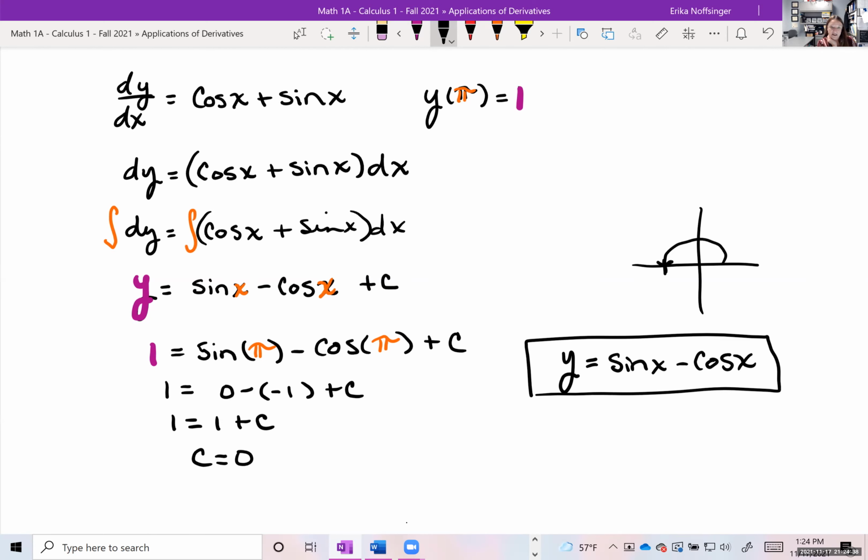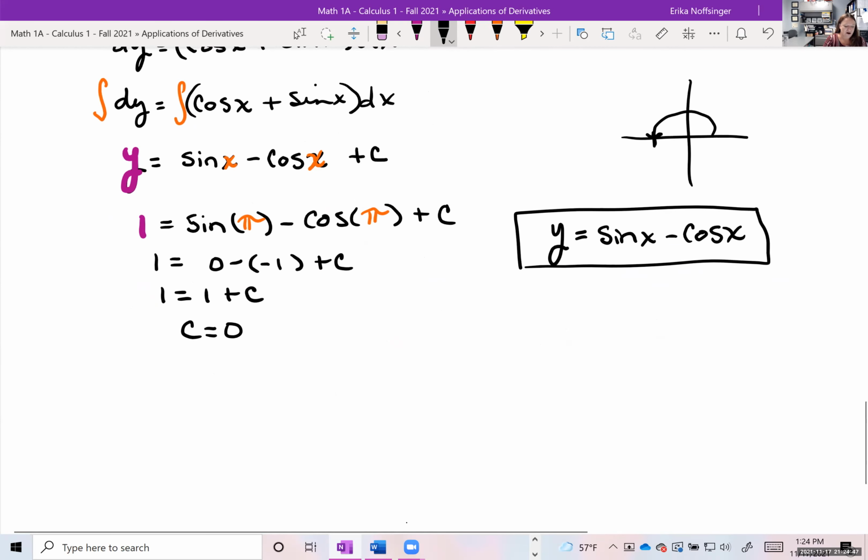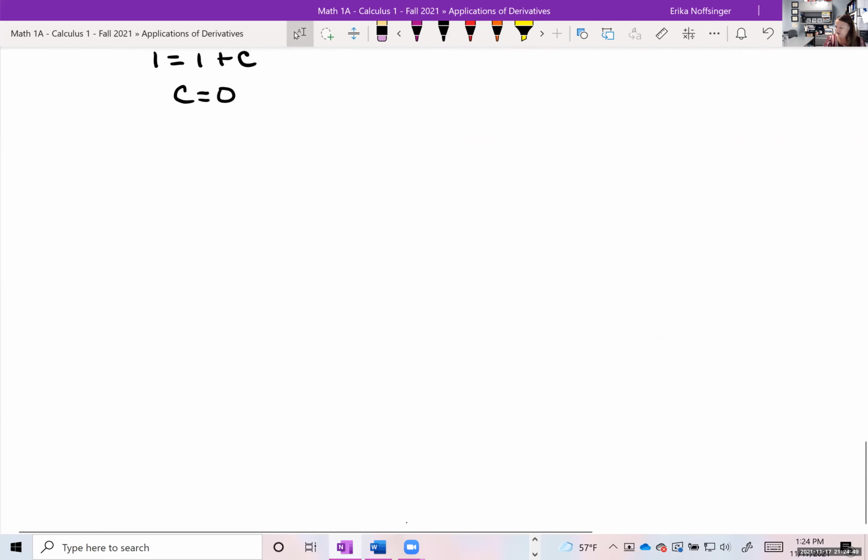So maybe instead of being given the first derivative, maybe you were given the second derivative of a function, and you are asked to find the original function.